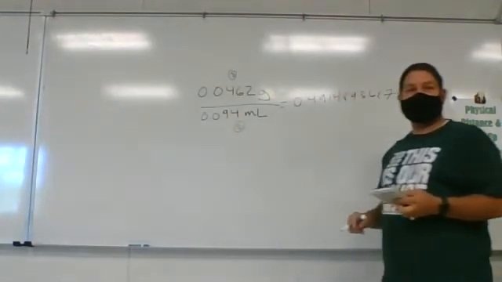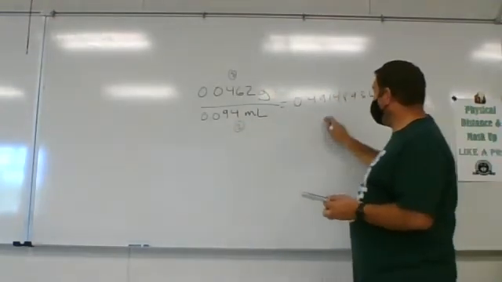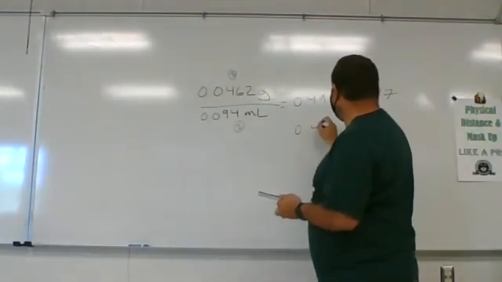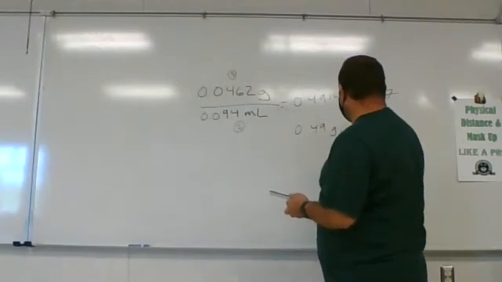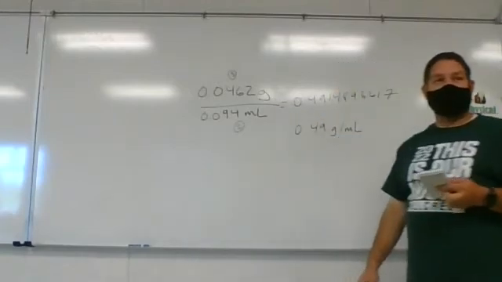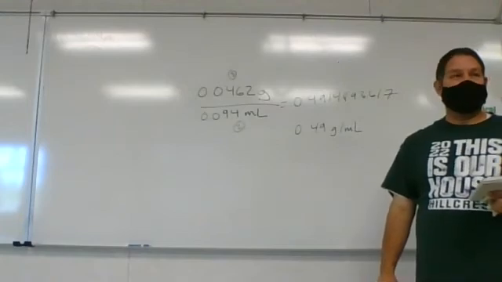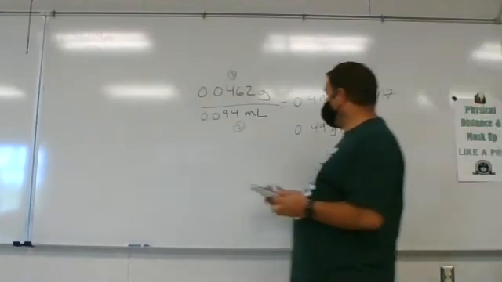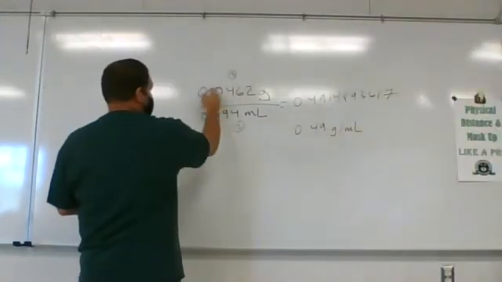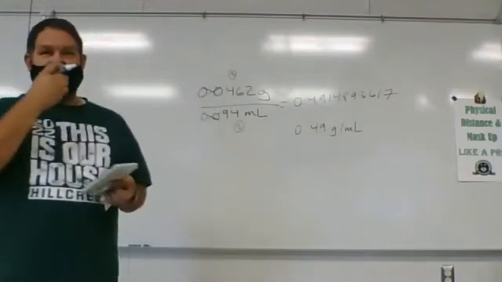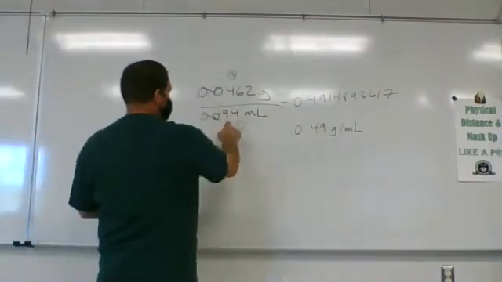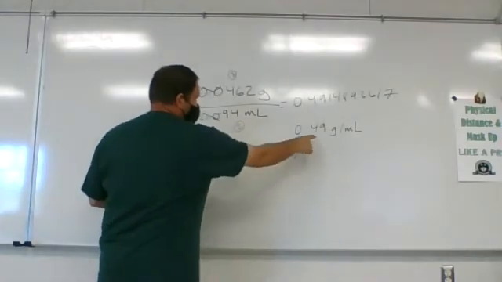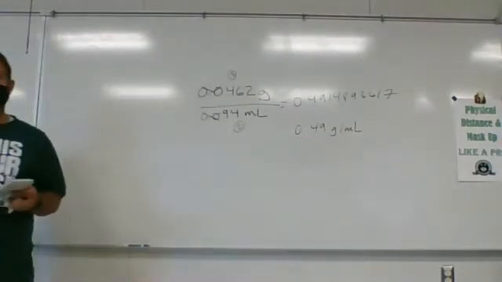Which is the smallest? 2. So I only need 0.49, and the units would be grams per milliliter. Agreed? Okay, so these zeros are not significant. They don't count. So the 2 significant figures will determine the total number of significant figures.